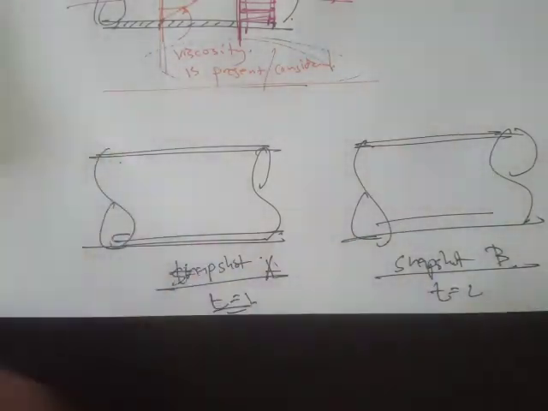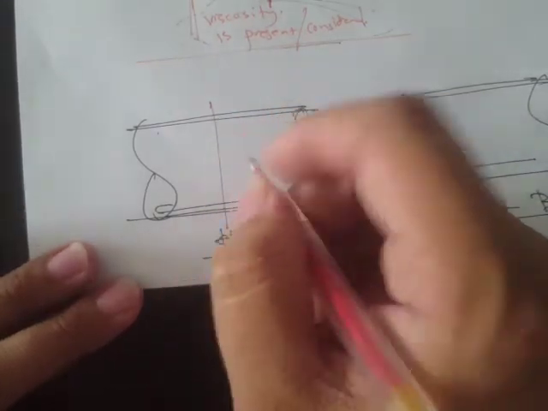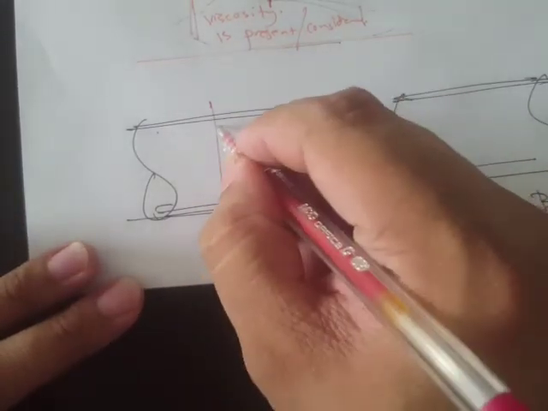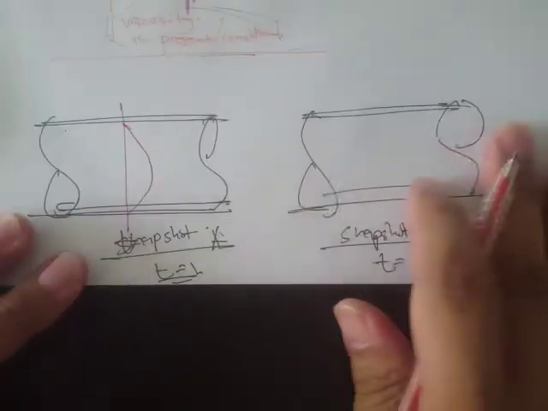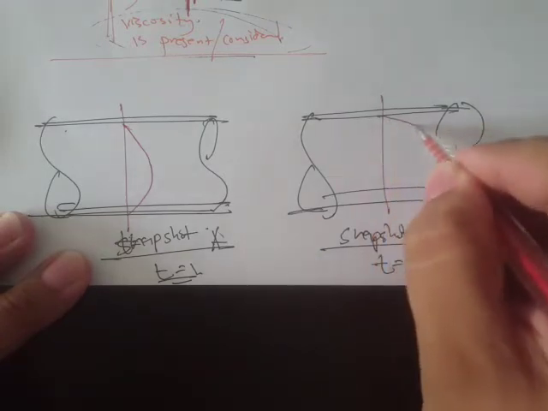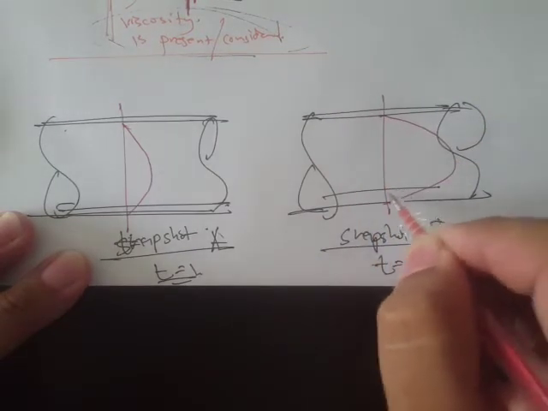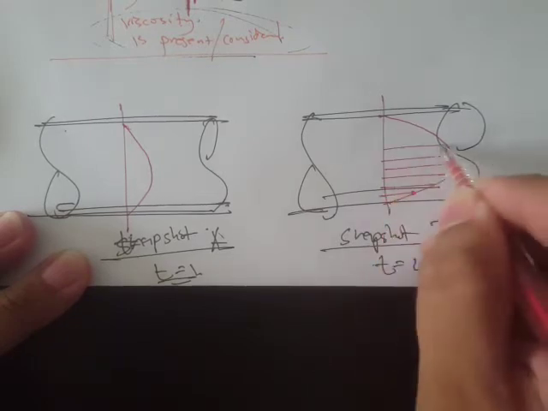Okay, so we see that at snapshot A, for example, this is the profile, and then after some time, if we take another snapshot, we see that this profile has changed into this profile.